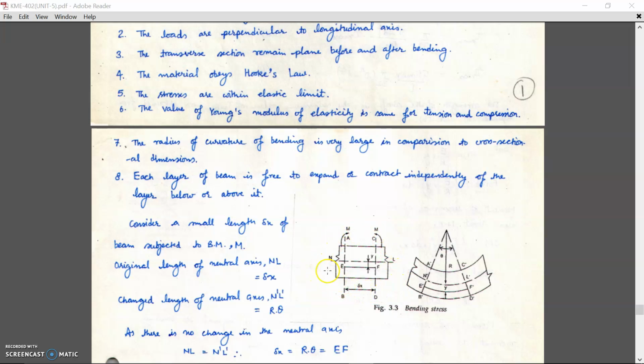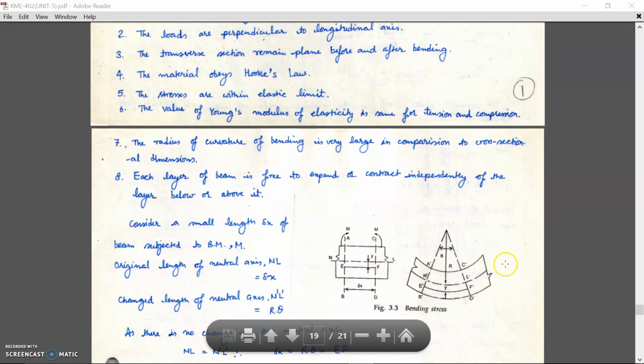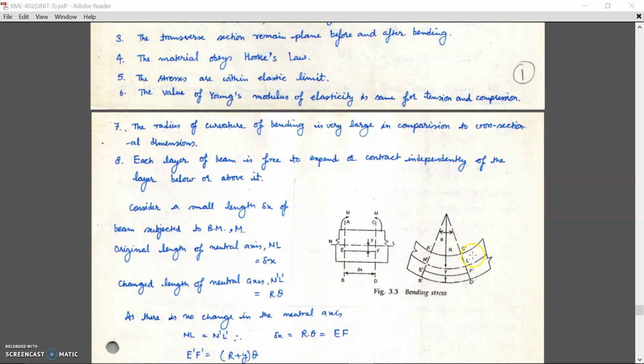If I apply bending moment to this beam, then this beam will distort in this way, in this position, right? Now if the beam distorts in this position, then this line will bend like this, and the EF line will change from EF to E dash F dash, right?